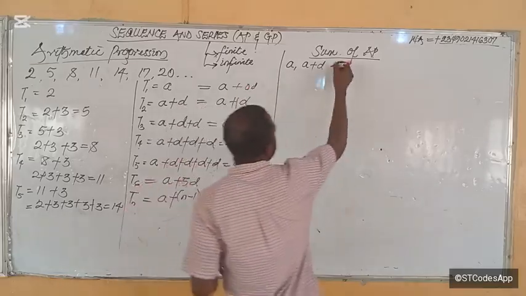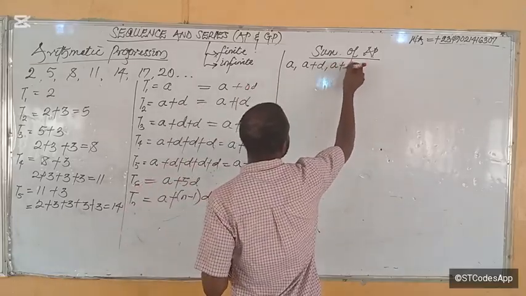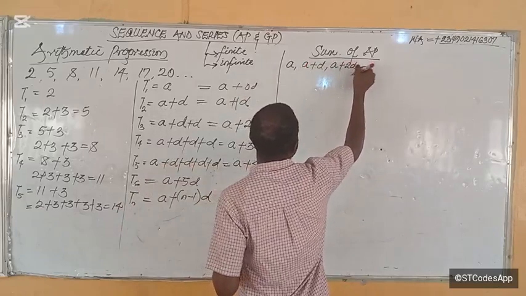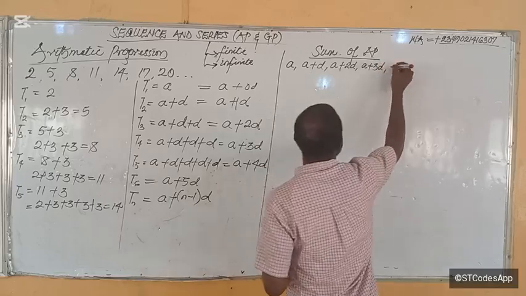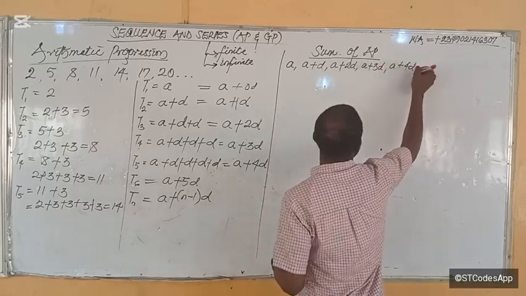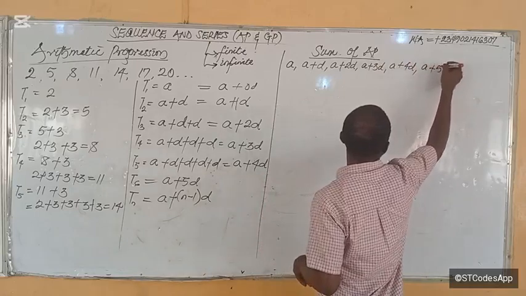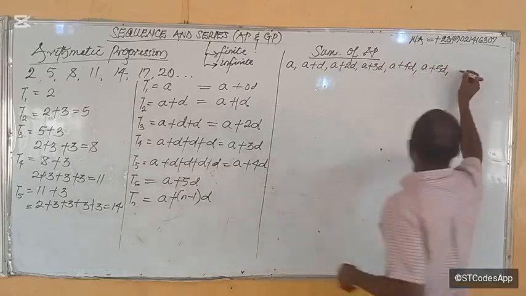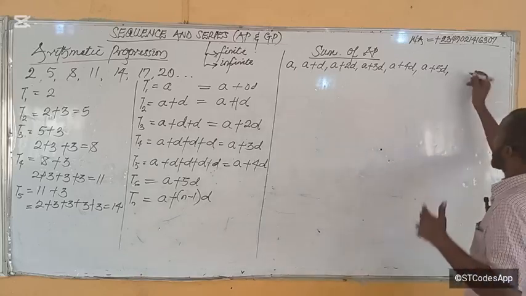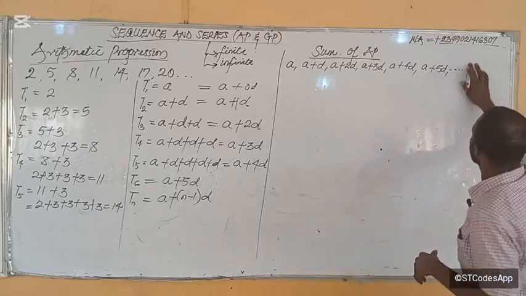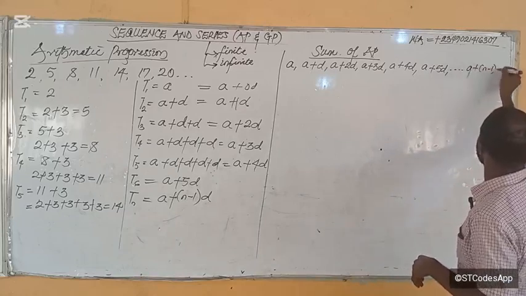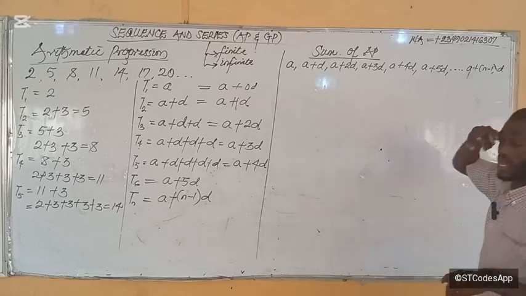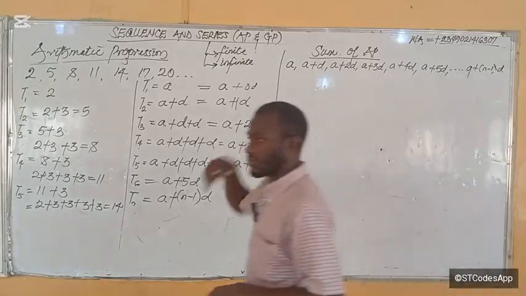My next term is going to be A plus 2D. Afterwards, I will have A plus 3D, A plus 4D, A plus 5D. Afterwards, I will keep having A plus and so on until I have A plus (n minus 1)D. Does this make sense? Good, good.